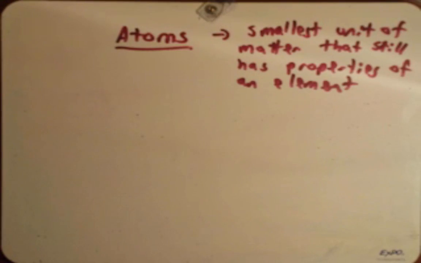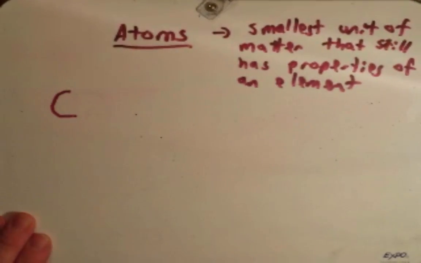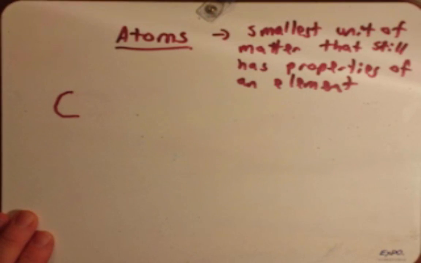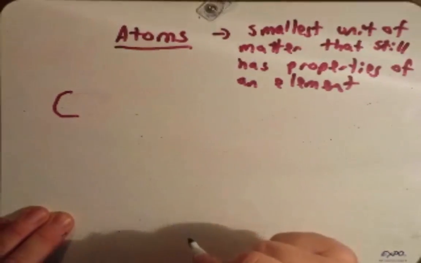And because of that, when we think of the element, say carbon, which is abbreviated as a C, the atoms that make up carbon we also abbreviate as C. And though this may be review for some of you, I want to take a few minutes and talk about what makes up this atom.